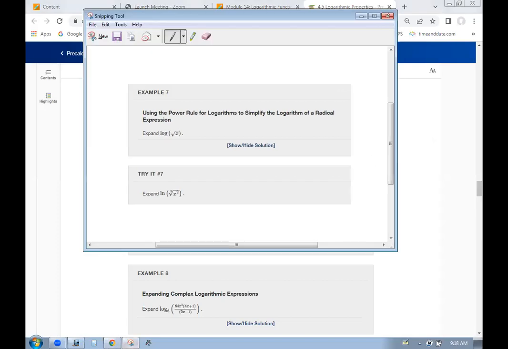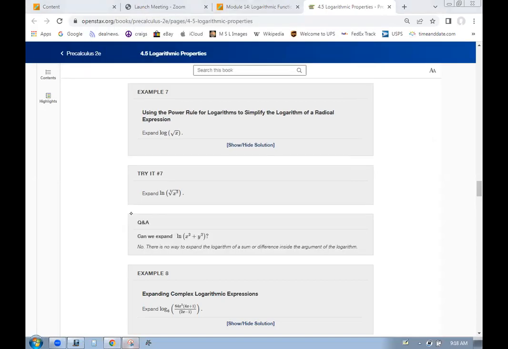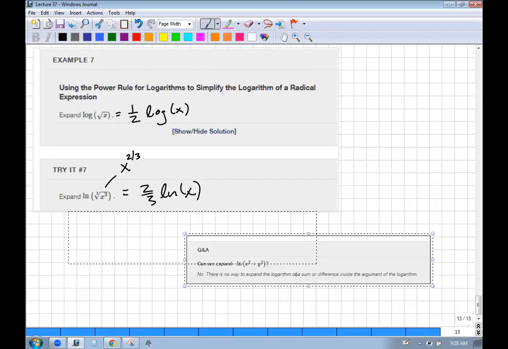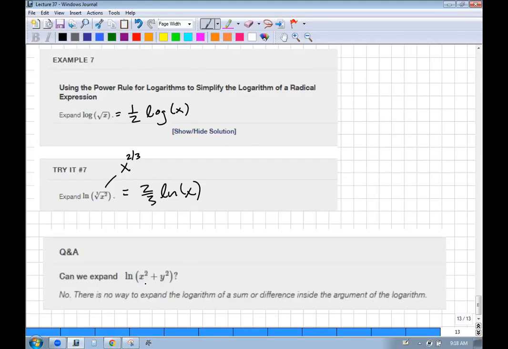This guy, an important distinction here. These are not multiplied, they're added. So no, you cannot expand that, right? They have to be multiplied together in there. So the log of a sum, you're kind of screwed with that.